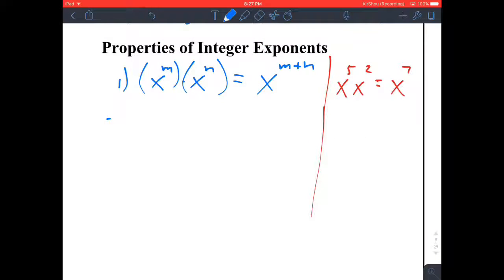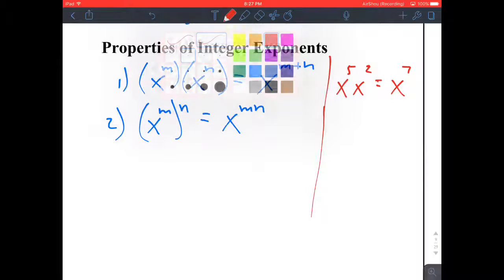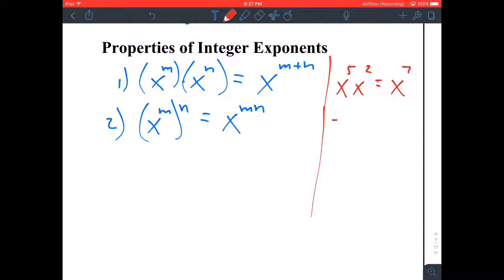Second property, and these properties are in no special order, if you have a base raised to an exponent, which in turn is raised to an exponent, you multiply those exponents. Example, let's say that we have 3 squared to the 5th. That's going to be 3 to the 10th, because 2 times 5 is 10.